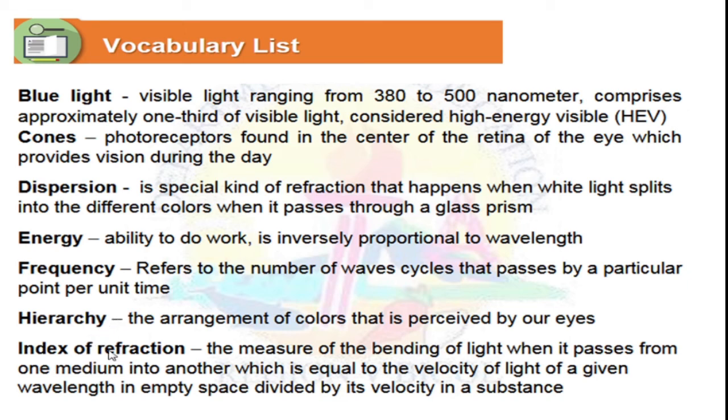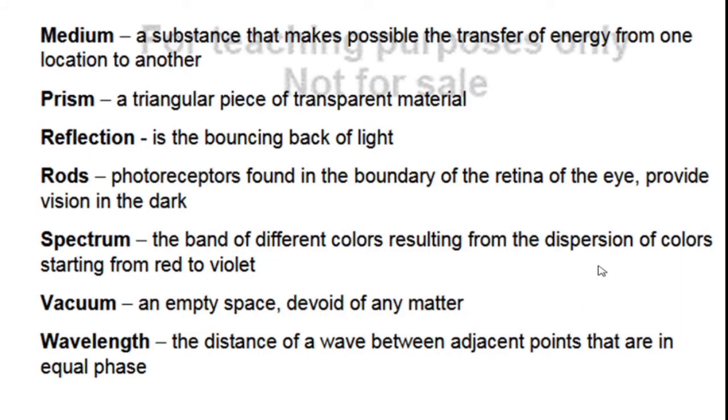Index of refraction, the measure of the bending of light when it passes from one medium into another, which is equal to the velocity of light of a given wavelength in empty space divided by its velocity in a substance. Medium, a substance that makes possible the transfer of energy from one location to another. Prism, a triangular piece of transparent material.